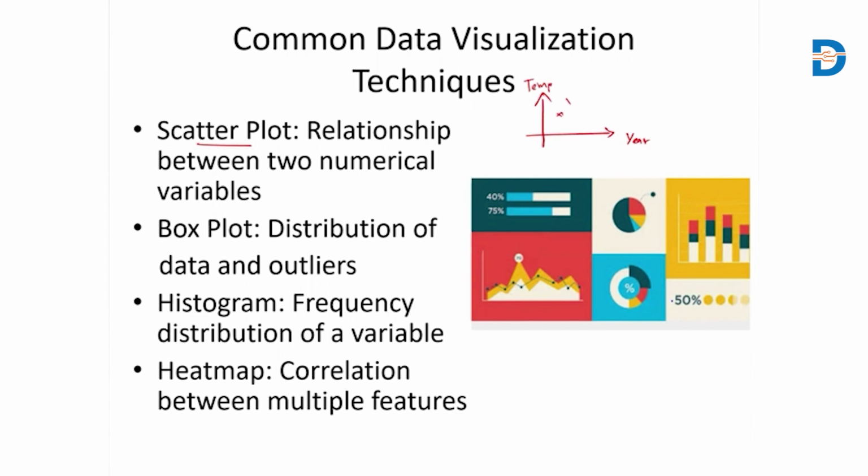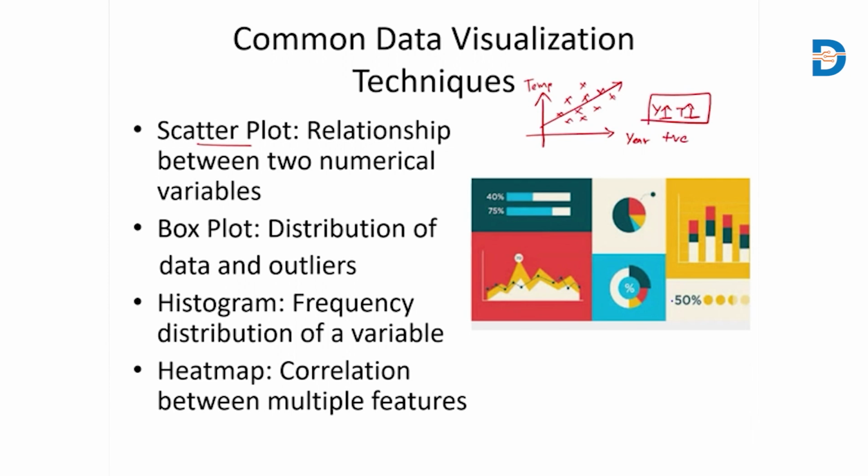If you are plotting, it may look like this plot. This is called a scatter plot. If the years are increasing, the temperature is also increasing. This implies that both the variables are positively correlated. That relationship can be analyzed with the help of a scatter plot.